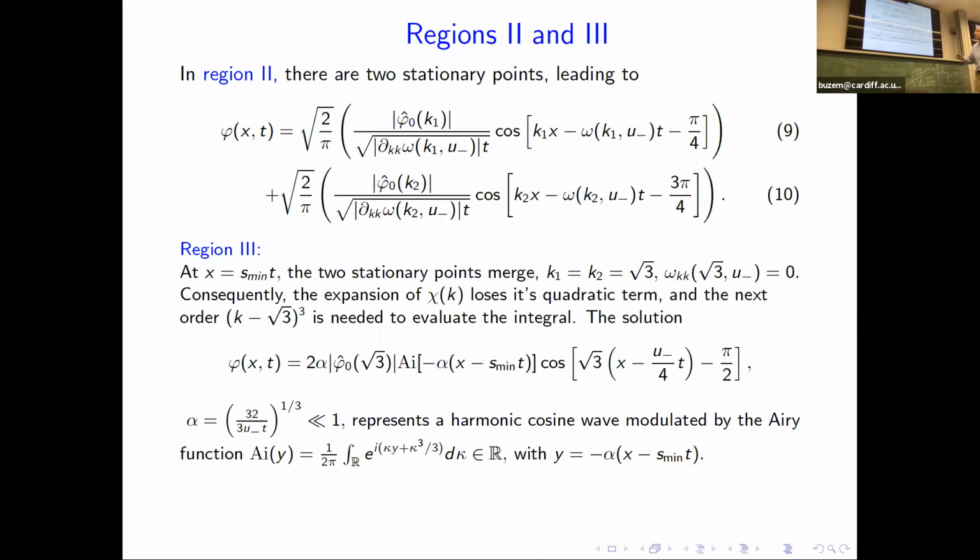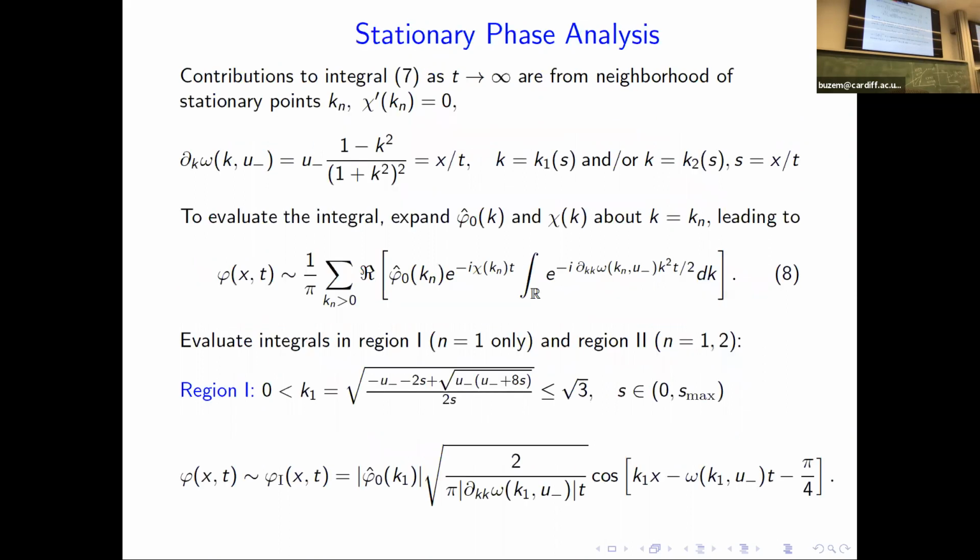Region 3 is interesting in a different way. The two stationary points come together. They merge at k equals √3. And when we expand, we lose the quadratic term in the expansion. Remember, in this Gaussian, we used an expansion to find the quadratic term.